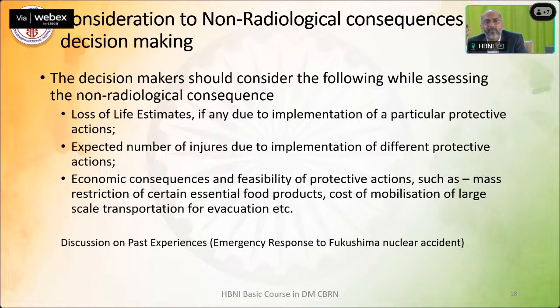In Fukushima, for example, when the decision of implementing evacuation was made, elderly people who were hospitalized were evacuated, shifted, not once, but multiple times, because the wind direction was changing. They moved in one direction, and then the wind moved in the other direction again, so they had to do multiple evacuations.